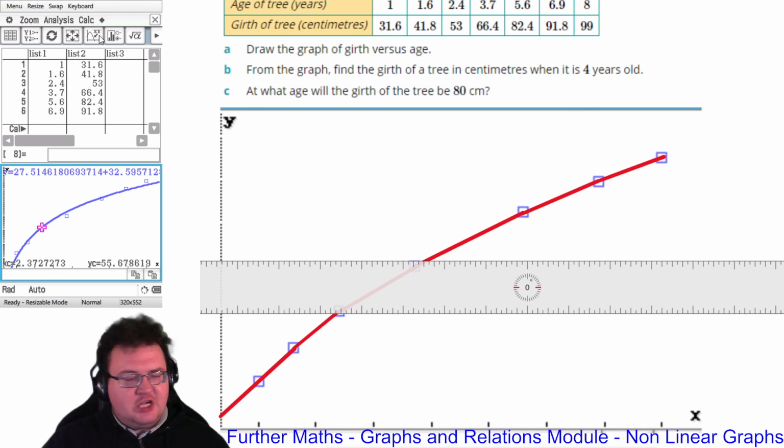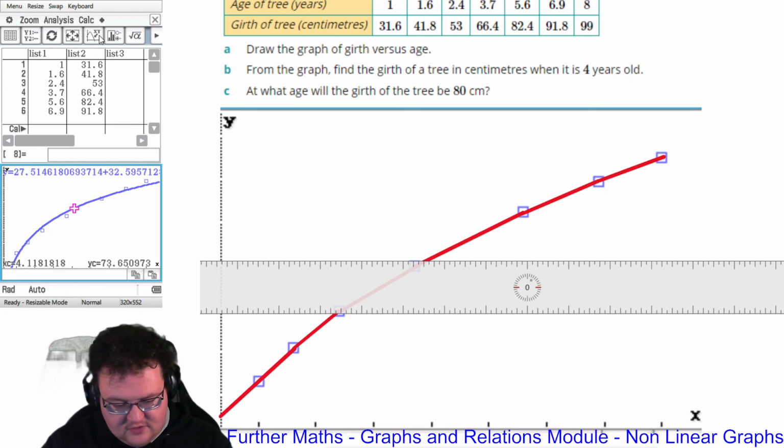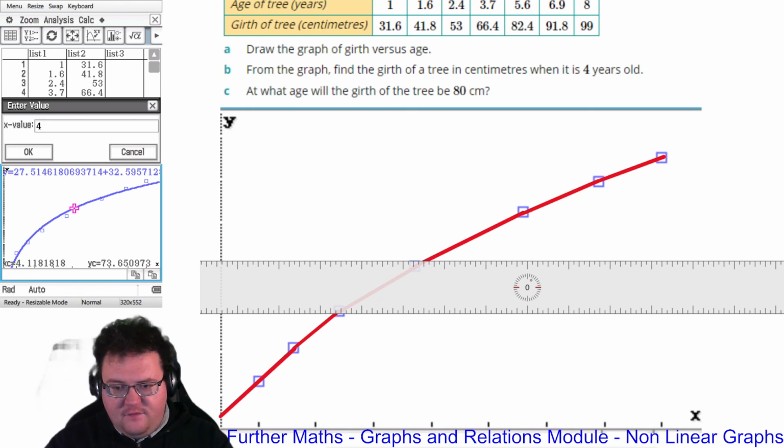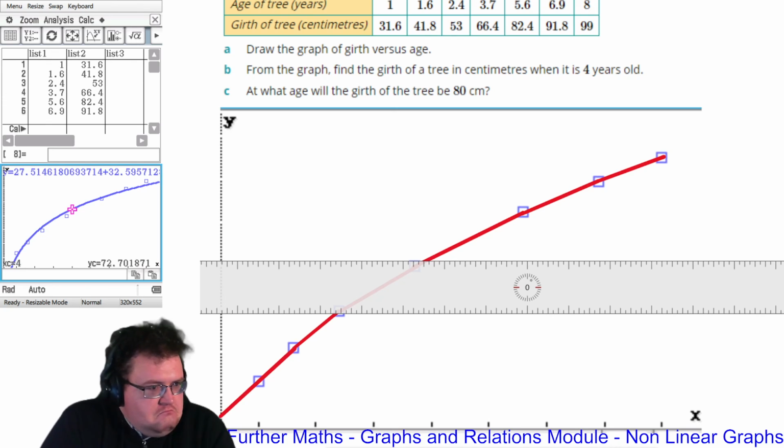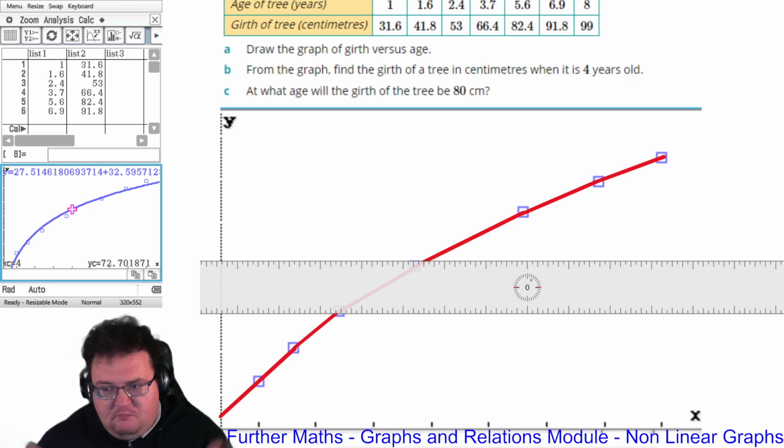Think of it like a data transformation from Unit 3. That's what this is doing. It's taking the data, transforming it, and so if I go here at 4 years, it's saying about 72, which is fine. It's pretty good.